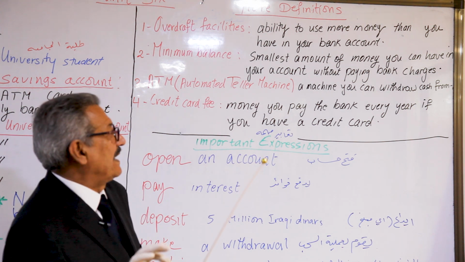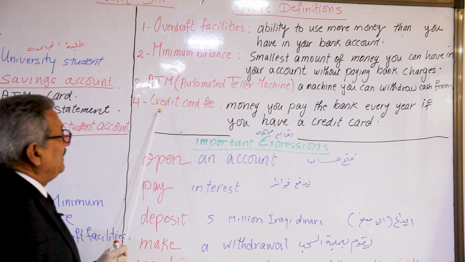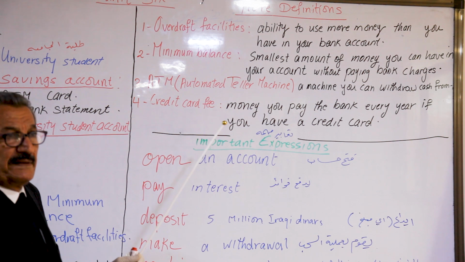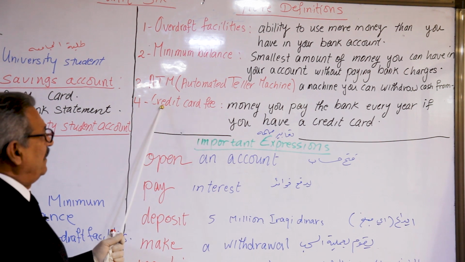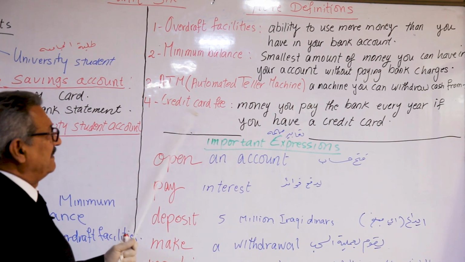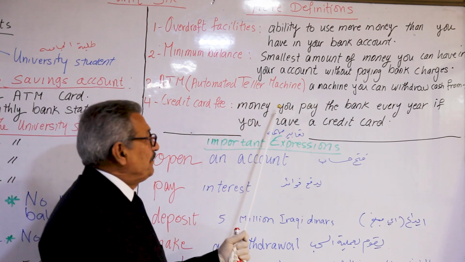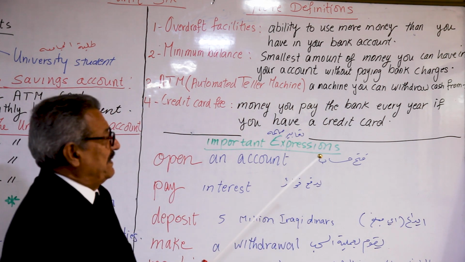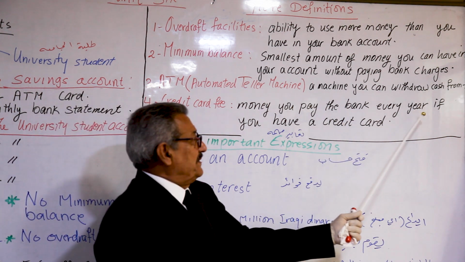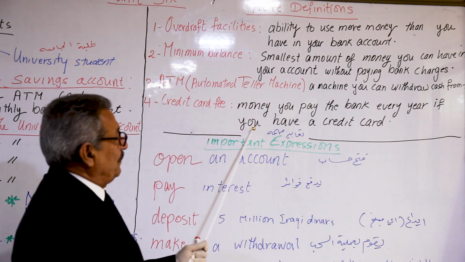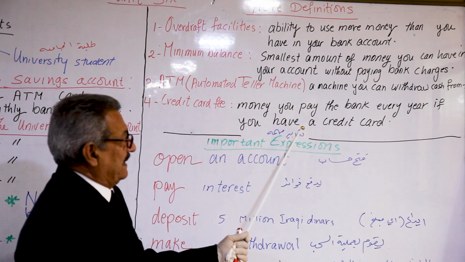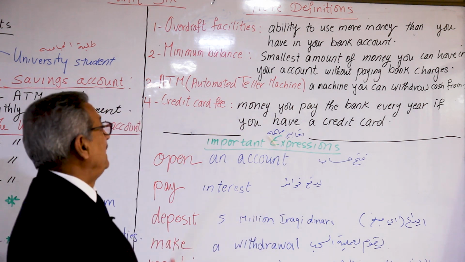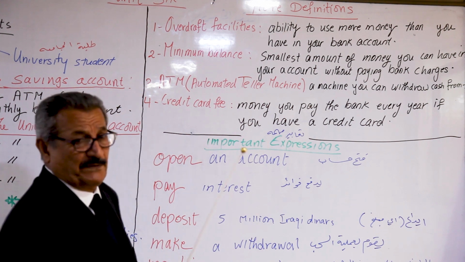Credit card fee (اللي هي الضريبة اللي ندفعها في حالة الحصول على بطاقة ائتمان): money you pay the bank every year (سنويا) if you have a credit card. This is a credit card fee.